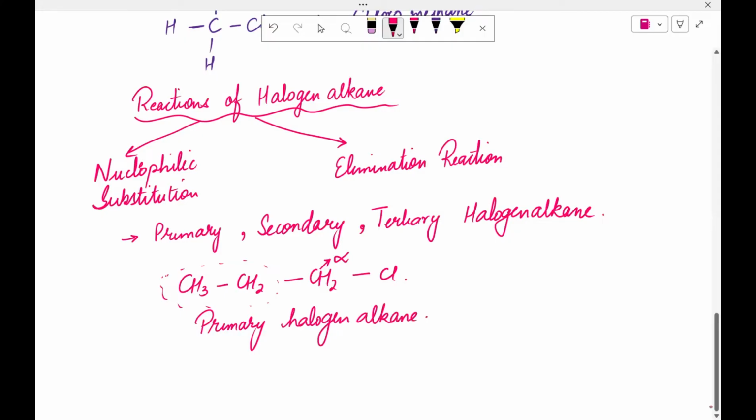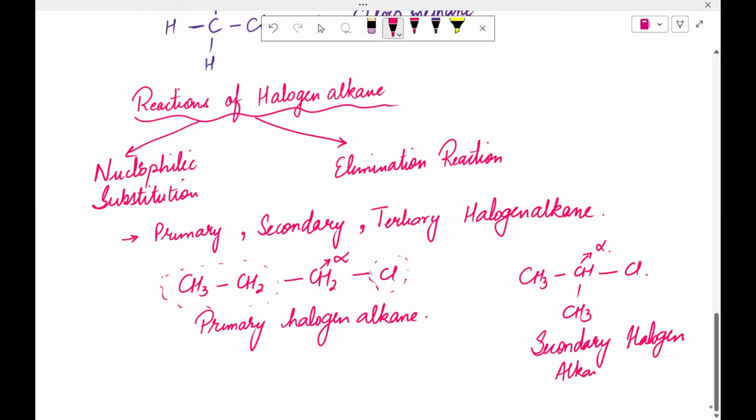And remember, alpha carbon is the one that is basically attached to the halogen. Let's take the example of secondary halogen alkane. This one is the alpha carbon, and now it is attached with two alkyl groups, so it is called secondary halogen alkane.